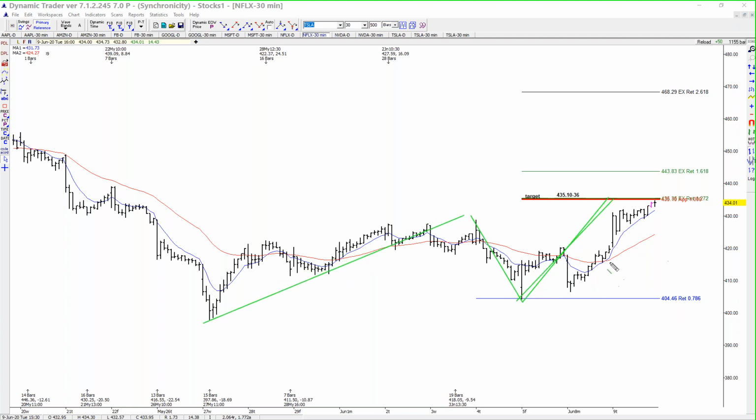It is resistance, but looking at this chart, it's more of a counter trend trade on this time frame, because it's a pattern of higher highs and higher lows, not lower lows and lower highs. So I would consider this counter trend. It doesn't mean that you can't take a trade against it. If you get a sell trigger against it and you just risk above this area, there's nothing wrong with looking at that.